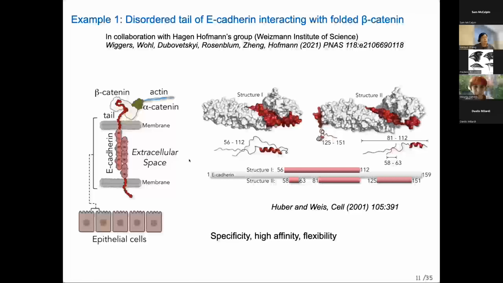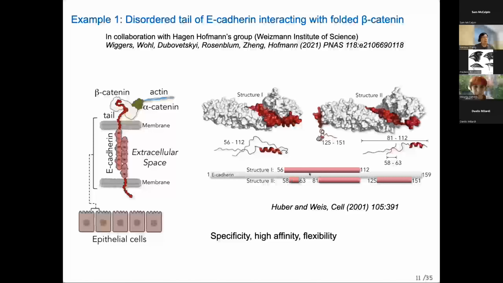For that disordered tail of cadherin, we find that if we just look at the crystal structure, which has been solved for quite a long time, inside the same unit cell there are two structures, the left one and the right one. In the two structures the folded part does not change, but the disordered part does when it binds to the folded part.